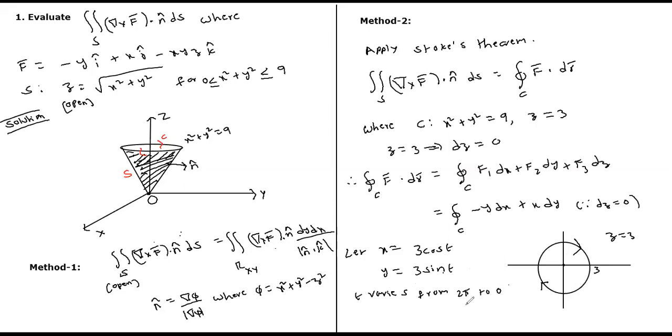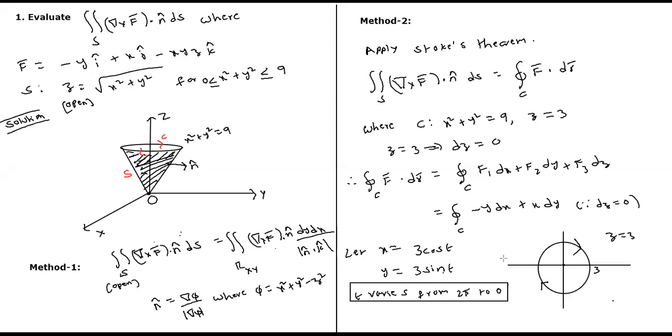Then you will get the clockwise orientation. Do you agree? So this is where you have to be careful in taking the limits. Because the orientation is clockwise, the limits are not from 0 to 2 pi, they have to be from 2 pi to 0. Now let us see it in the next page.